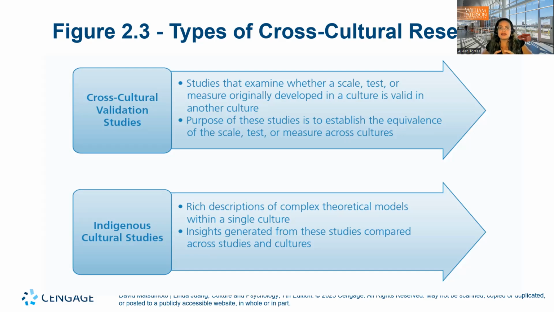And these are very kind of unusual occurrences that had to be studied in more rich detail within that context, because there wasn't a way to study it otherwise. Indigenous cultural studies really give us a sense of what is going on in this native environment.